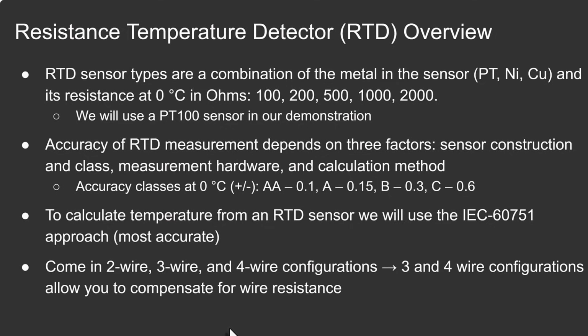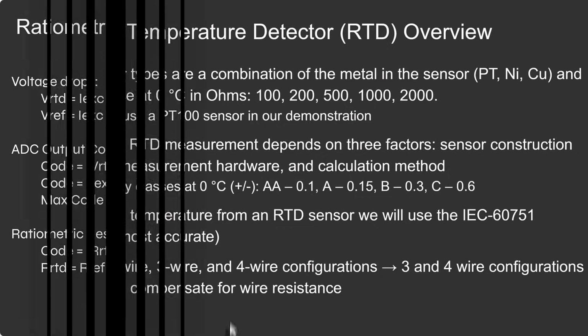We will use that standard in our demo, but I'm not going to have a chance to go into it in detail, but there will be a link to the code that was used in the demo if you want to check that out. RTDs come in various different wire configurations. 2-wire is the least accurate because it doesn't account for wire resistance. 3 and 4 have ways to account for that, as we will see as we go through these circuit configurations.